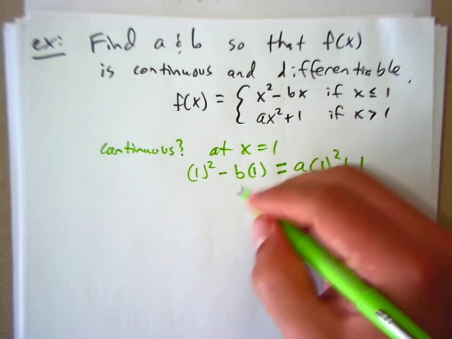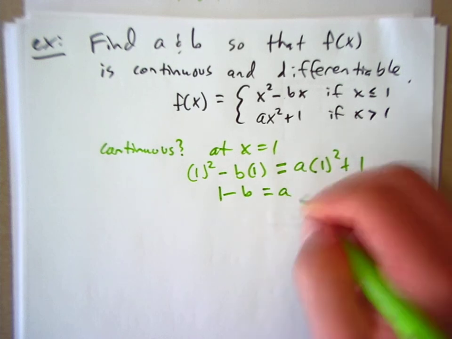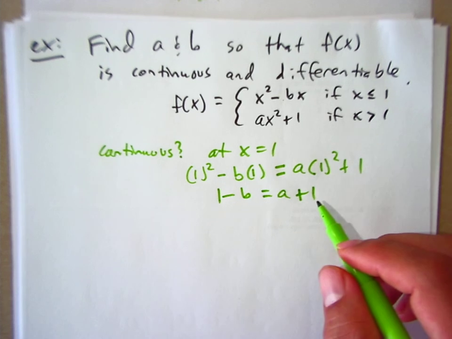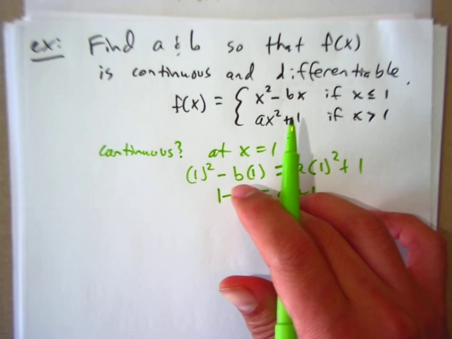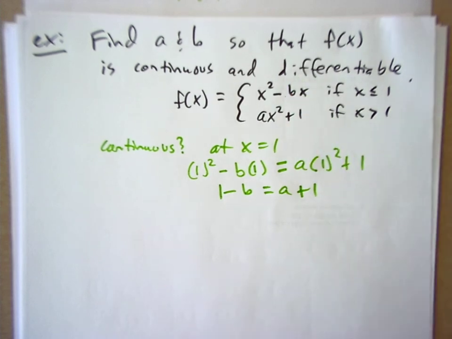Okay, if I clean that up, I get 1 minus b equals a plus 1. Now, clearly I can't do anything with that because I have two variables and I can't solve. Now, this is where the differentiable part comes in, right?